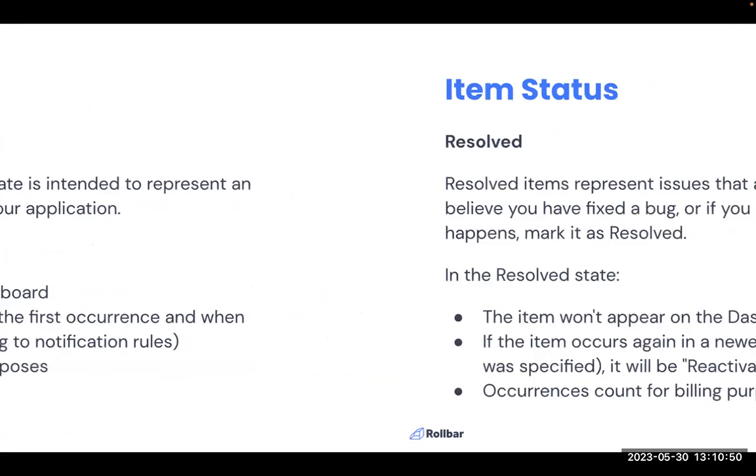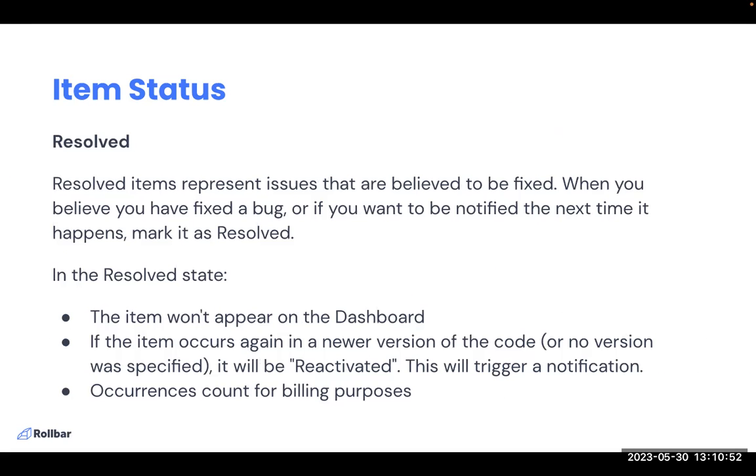Now, when you press the resolved button in Rollbar, or if you use the auto resolve capabilities in Rollbar, where we can automatically mark an item as resolved whenever we no longer see that item, or if you want to auto resolve on a deployment, or finally, if you connect us to Jira or some of these ticketing systems, you can resolve when that item is actually marked as resolved or done in a Jira item, as an example.